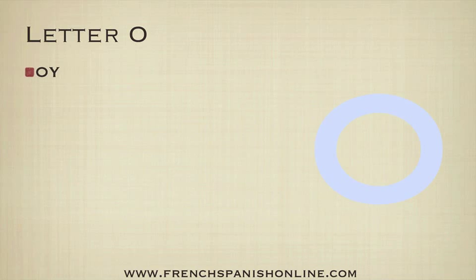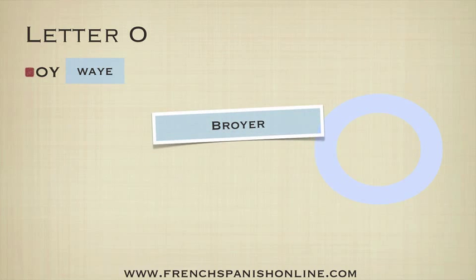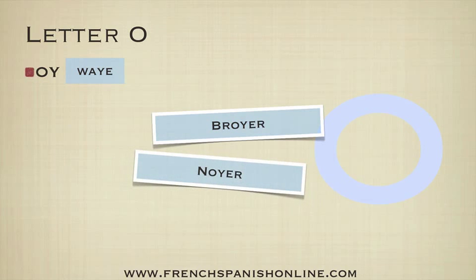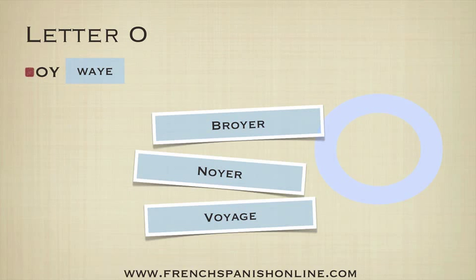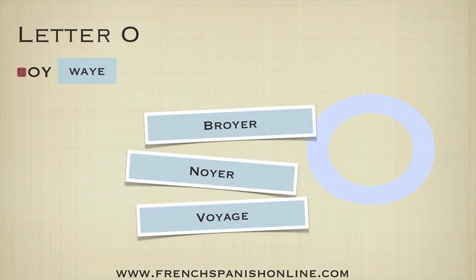O and a Y. It's like Y actually, so it's a bit complicated. O-Y, we say Y. For example, broyer, to crush. Broyer, we have the sound Y. The same thing here, noyer or voyage. Again, it's the sound Y.